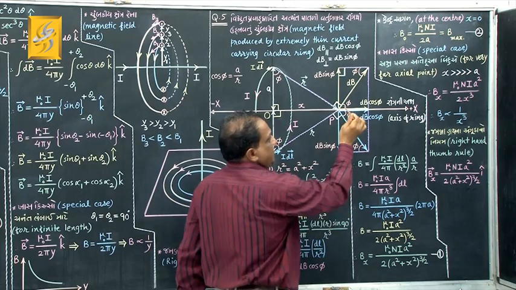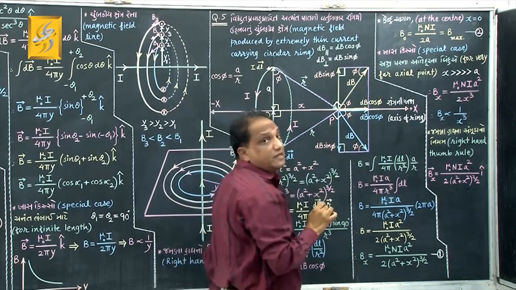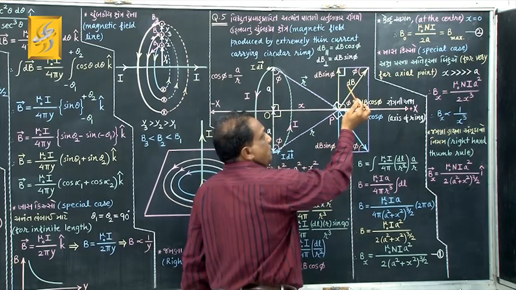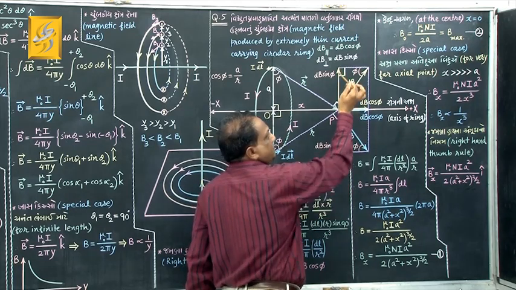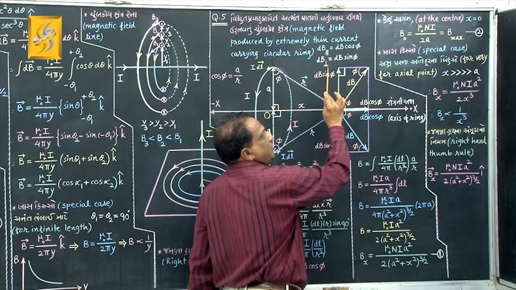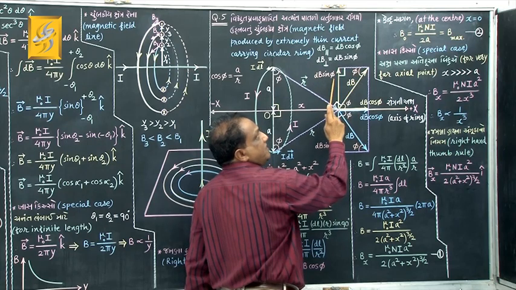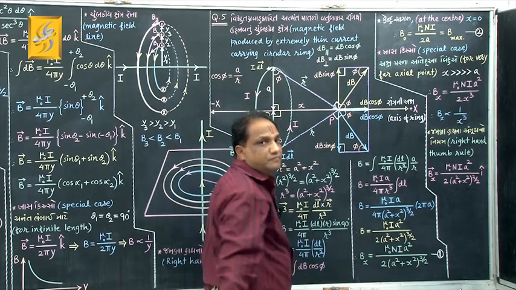Correct? If this angle is phi, this also will be phi, because these two are alternate angles. Correct? Now, how to find this component, which is perpendicular to this axis, shown by symbol dB perpendicular? It is the component of dB opposite to phi, it is dB sin phi.